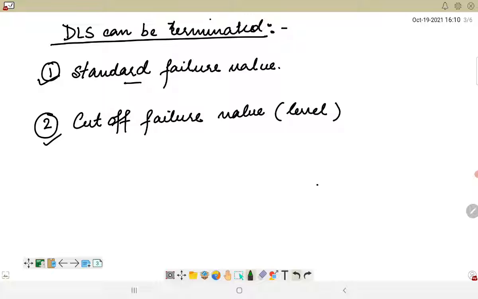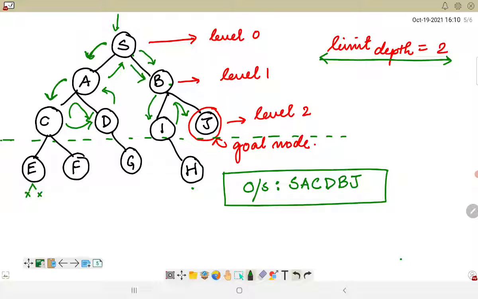We have to remember while working with DLS that if we are confident enough that within level 2 or level 3 my solution should be present, we can always associate a predetermined depth limit with it, so that the entire search space does not need to be searched, and we do not get stuck in any infinite loop or cyclic conditions.